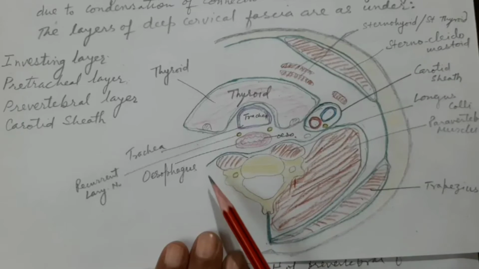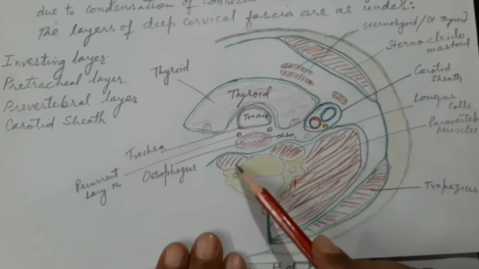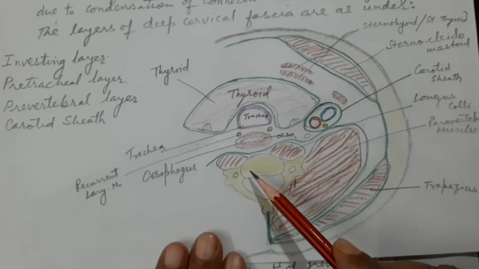Here we will learn about the prevertebral layer. This is the vertebra in cross section.